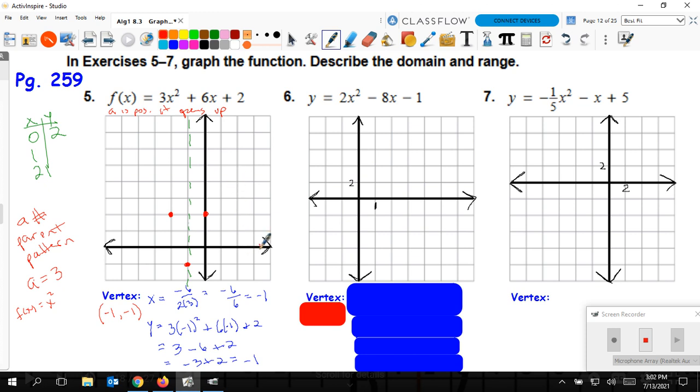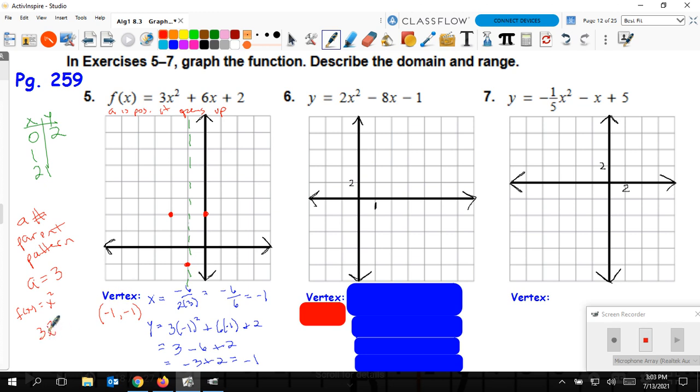If I do 3, it's going to become 9. 3 squared is 9. That's our parent pattern there. Well, we can do the same thing with our a number on any function in this form. We can use this pattern. So if we're going to go 1 from our vertex, and you can see how this will work out on this one, I have a 3x squared for this one.